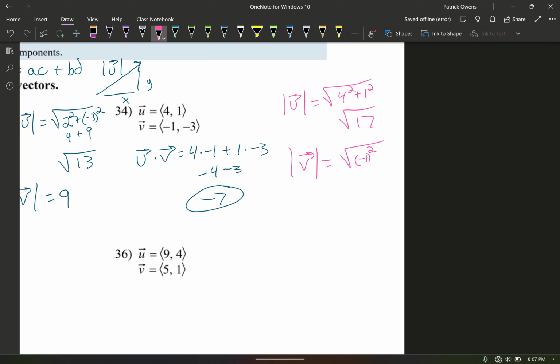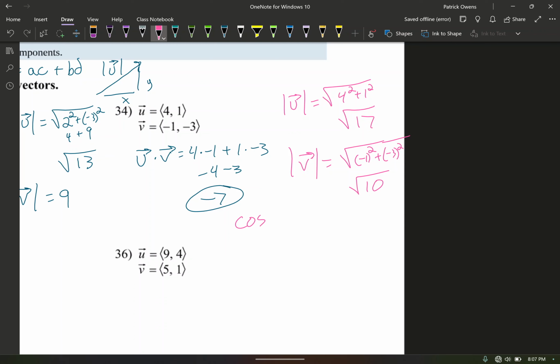Not that we need to put negative 1 squared in the calculator, but if you put it in as negative 1 squared, order of operations, you'll get 1 squared is 1, multiplied by negative 1 and get negative 1, but it needs to be positive because anything squared, our output's going to be positive. Well, except i, but we're only working with real numbers now. So it is going to be the square root of 10.